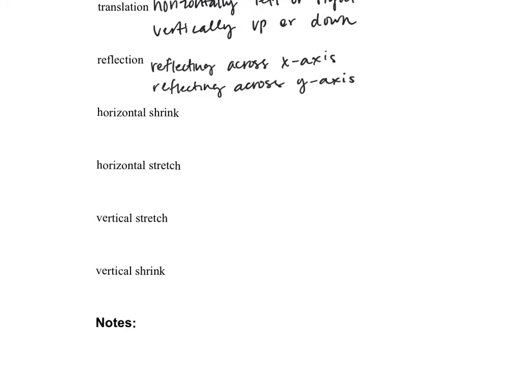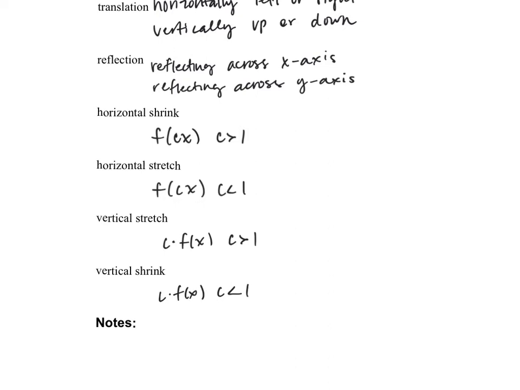That means your graph's going to look like f of c of x, where c is greater than 1. Horizontal stretch means f of c of x, where c is less than 1. Vertical stretch is c times f of x, where c is greater than 1 for a stretch, and then c times f of x, where c is less than 1.